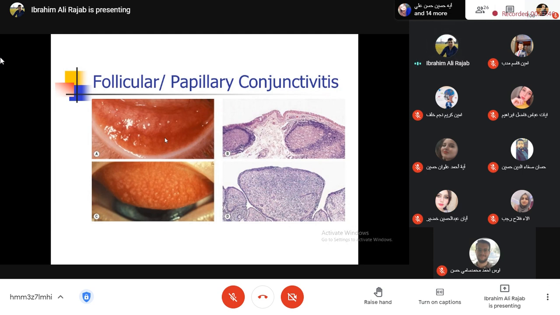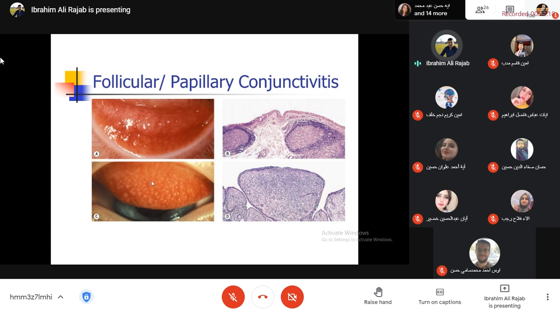In papillary conjunctivitis, this is due to hyperplasia of the conjunctival epithelium. The epithelium will be hyperplastic, and the patient will present like an elevated area of the conjunctiva. In the center of these elevated dots, there will be a red dot.